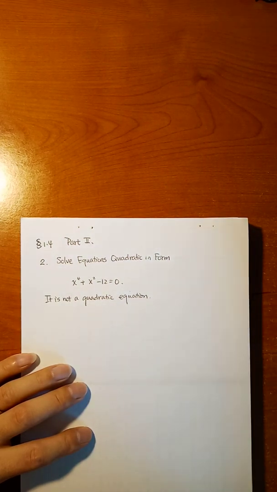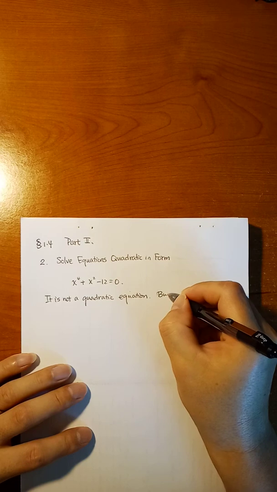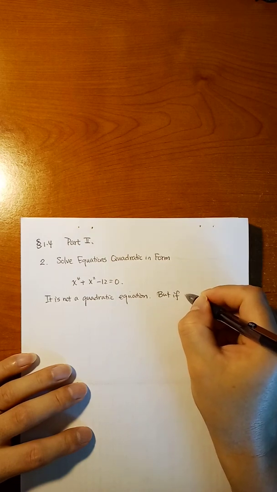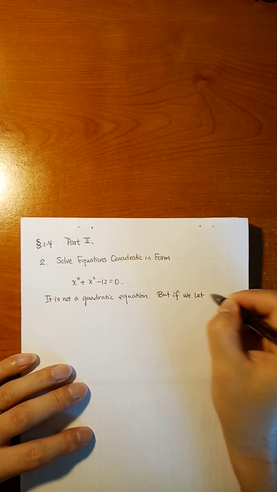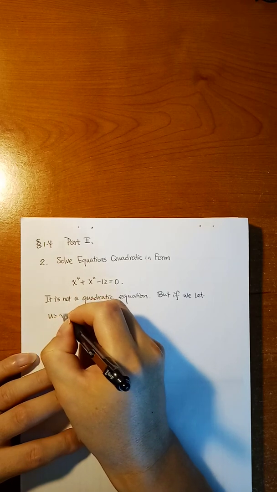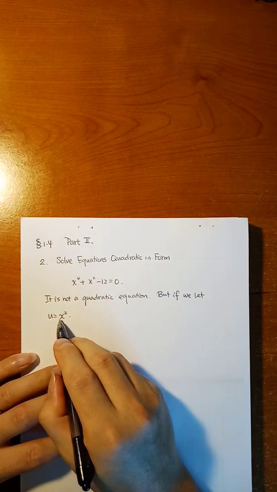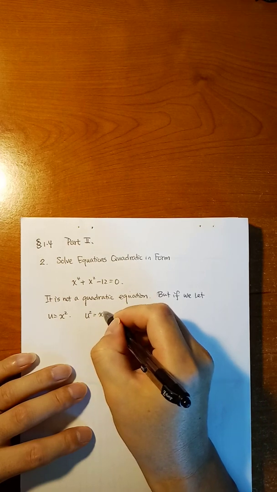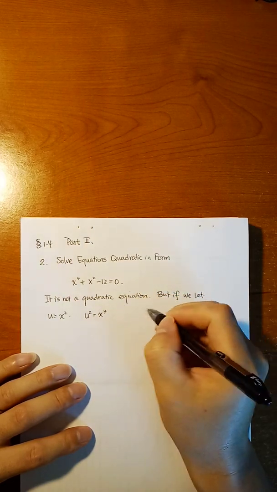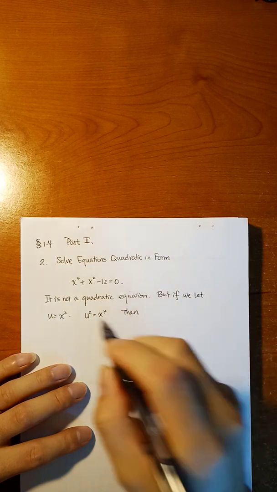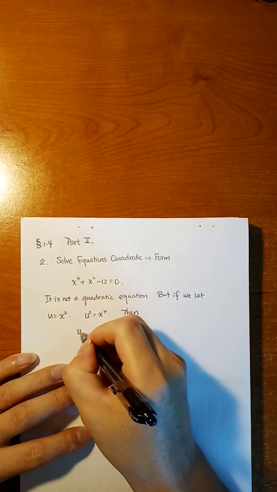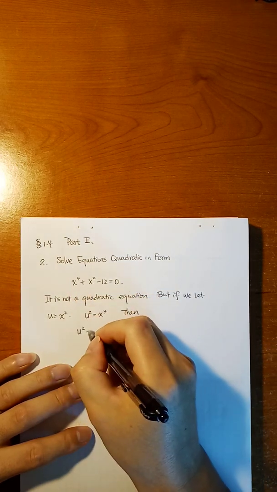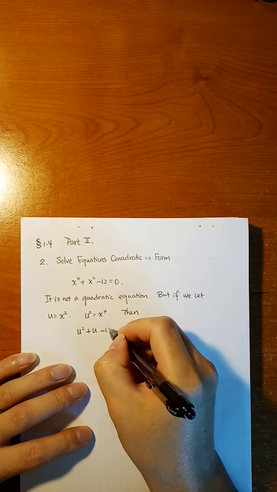But you see, if we let u be x squared, then we see that u squared is x to 4. Then the x to 4 becomes u squared, and x squared is u, and minus 12 equal to 0.